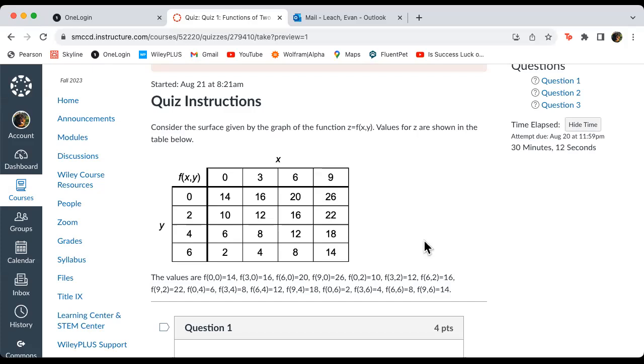We don't have a lot of data to go on, but based on this, it looks like I built this with a quadratic function in the x direction and a linear function in the y direction.